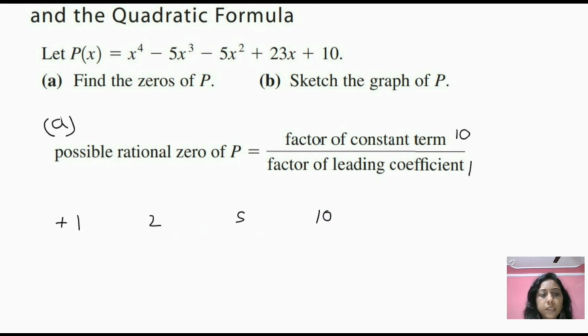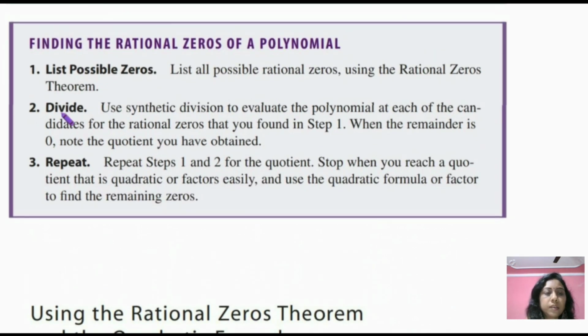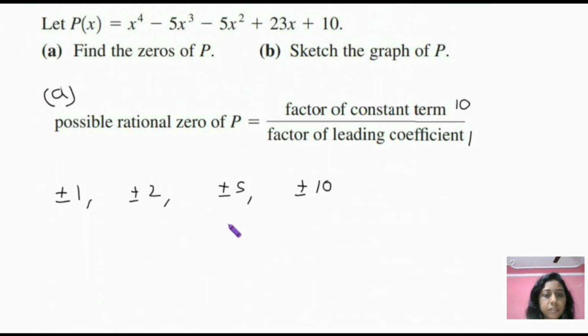So the possibilities are plus minus 1, plus minus 2, plus minus 5, plus minus 10. And we can use synthetic division to find out which are the zeros of the given polynomial and which are not. Okay, so let's start here.